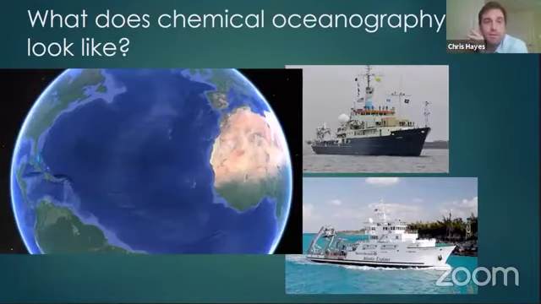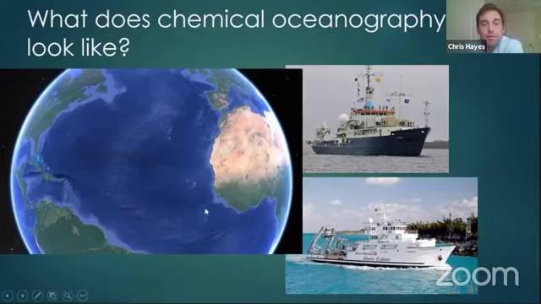So those other 2 ships I worked in the North Atlantic on. So I mentioned Bermuda, that's sort of around the latitude of North Carolina, something like out here in the North Atlantic. And this other ship on the top is called the Nor, and it's actually kind of famous because it was the ship that was used to discover the wreck of the Titanic in the North Atlantic.